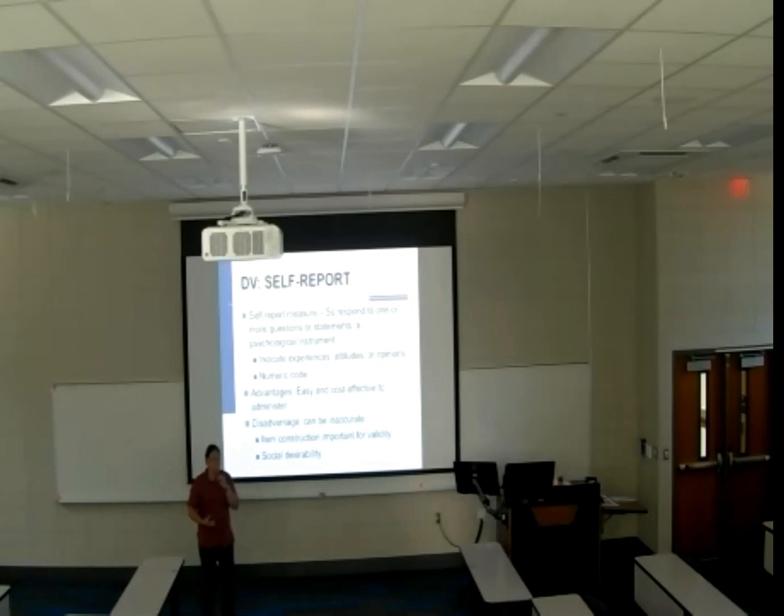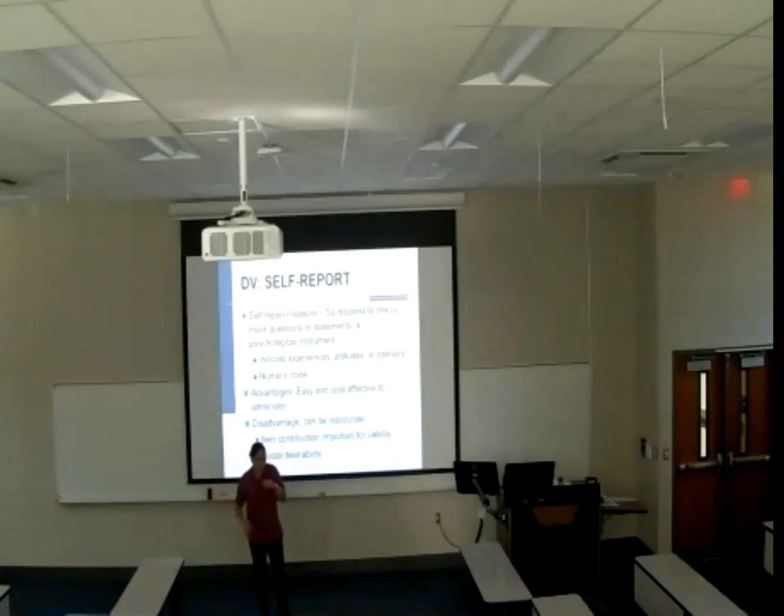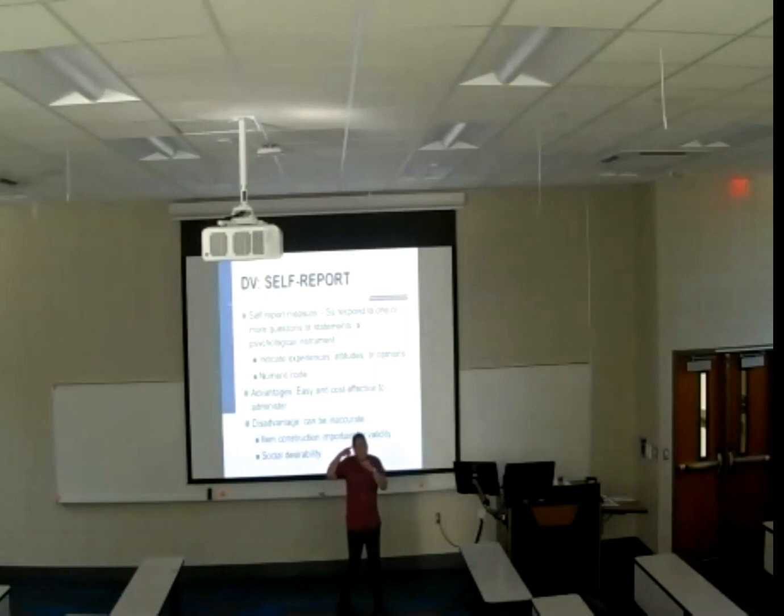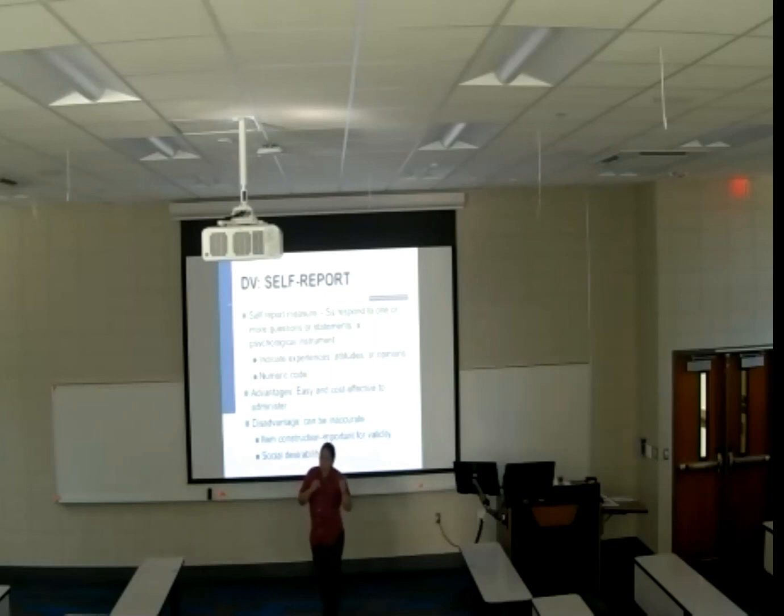So if I'm responding to this survey, I would like to hit my boyfriend. I would like to hit my girlfriend. I would like to hit my spouse, right? If I'm responding to that, I am responding of the idea of me, what I would like to look like, but not necessarily what I actually do, right?